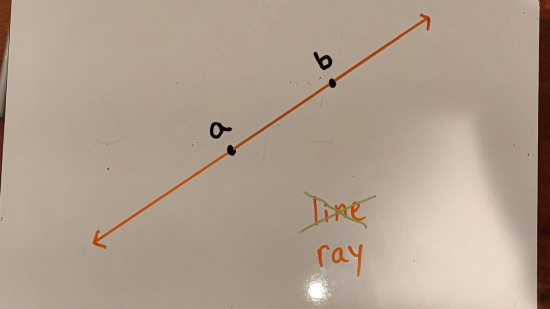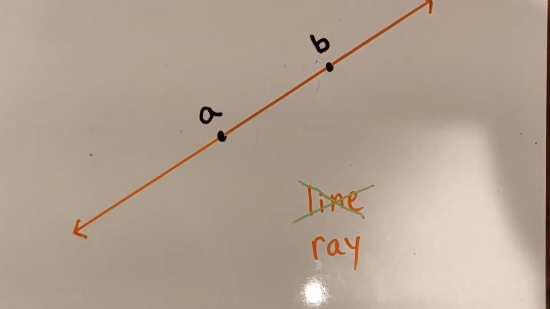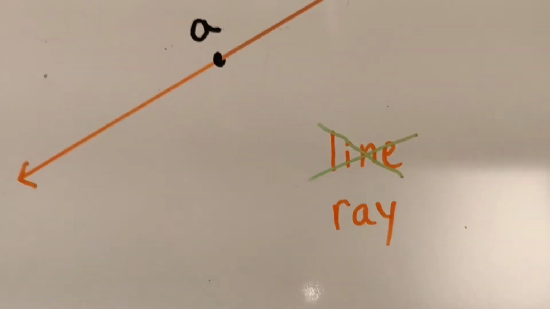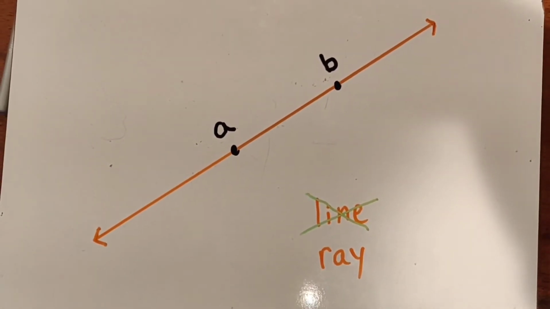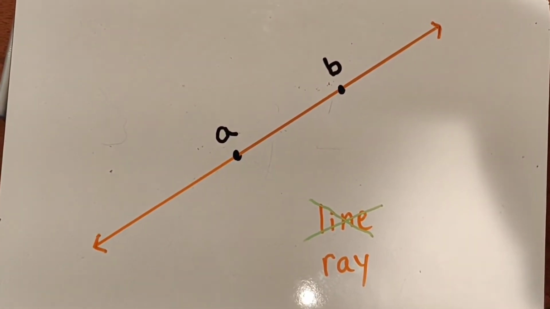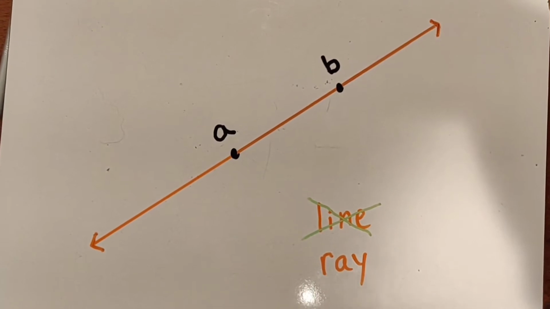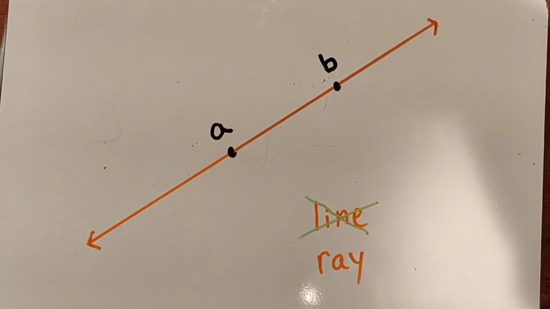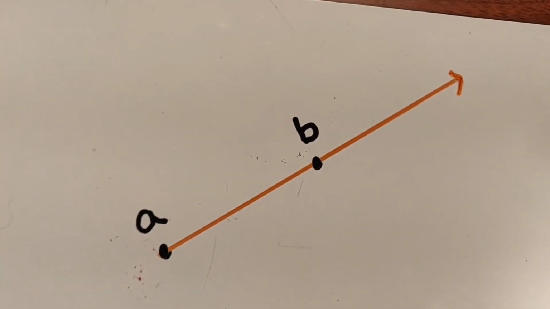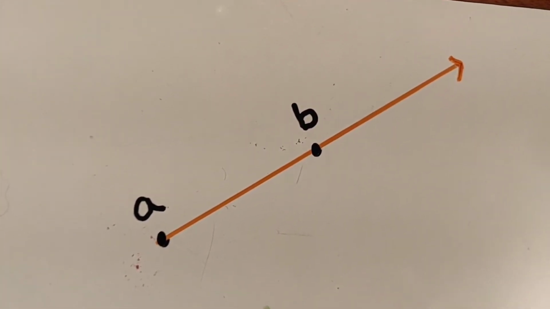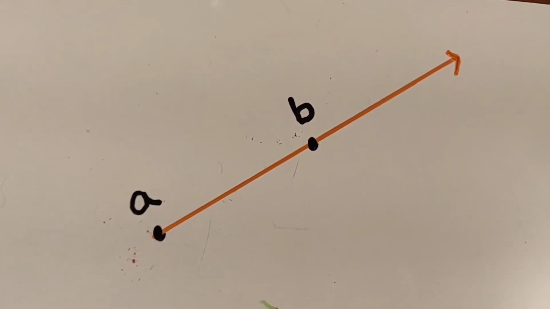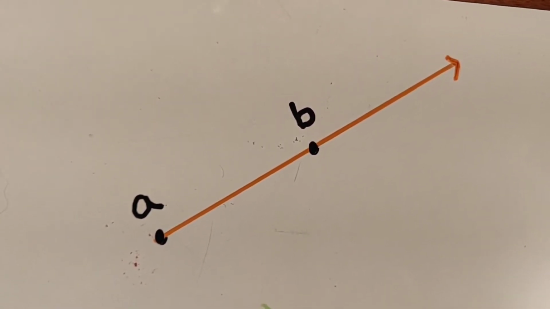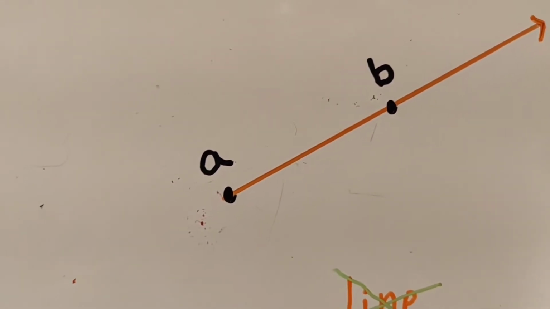So now let's figure out what a ray is, that word ray. I'm going to go ahead and turn this line into a ray, so that you can understand the difference between a line and a ray. Unlike a line, a ray only goes in one direction forever and ever.